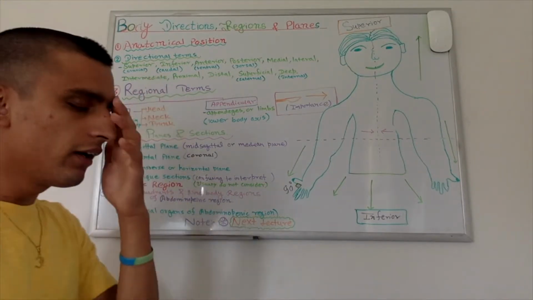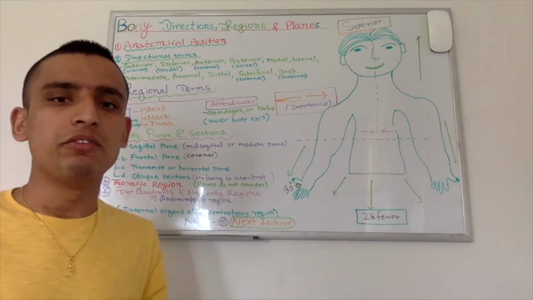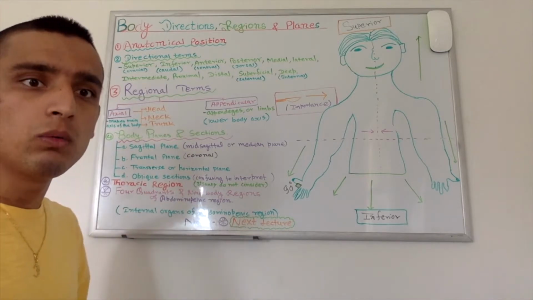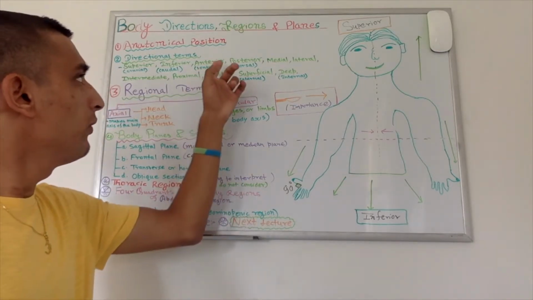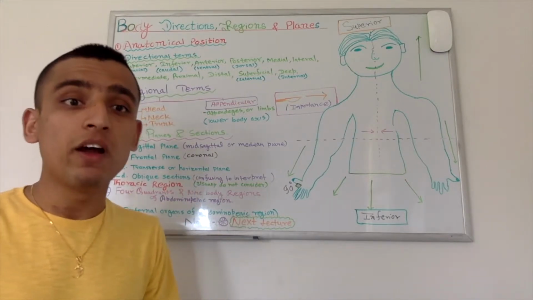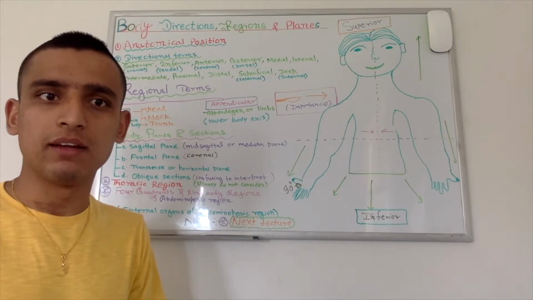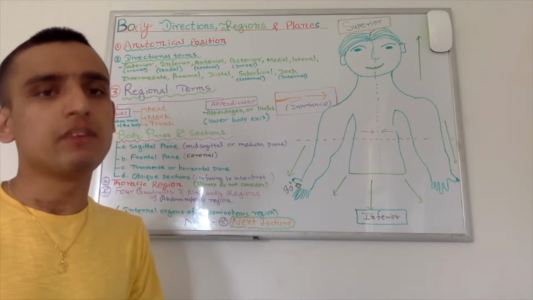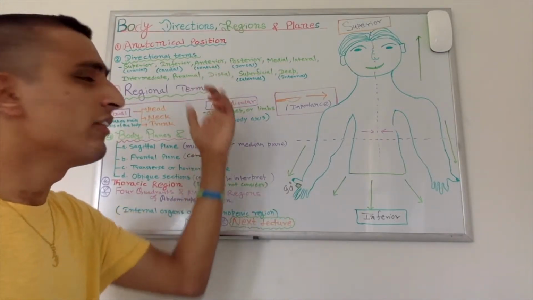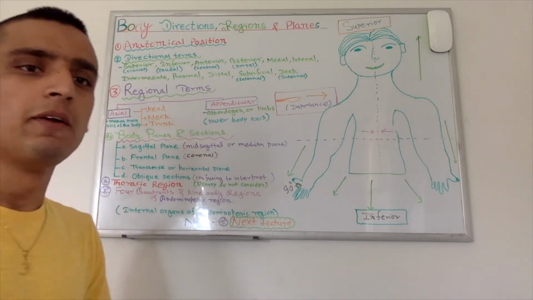For inferior, you just switch the word. Something is inferior to something. That is very important. Inferior means below. And you're going to see anterior and posterior in the case of human beings, but you may not see anterior and posterior in other organisms like cows and fishes. We basically use dorsal and ventral there, but the basic idea is that anterior means the ventral side and posterior means the dorsal side.